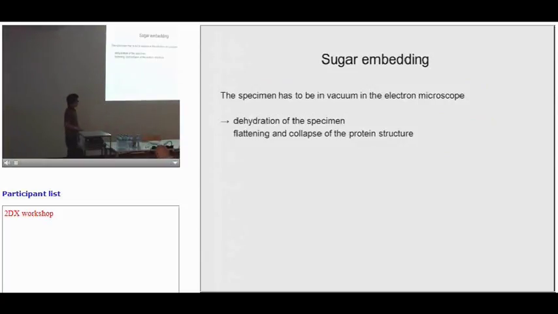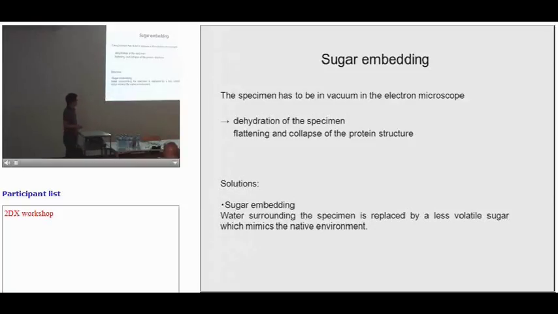One other disadvantage is that the specimen has to be studied in vacuum in the electron microscope, which could cause dehydration of the specimen, leading to the flattening and collapse of the protein structure, because a biological specimen consists of more than 80% water.